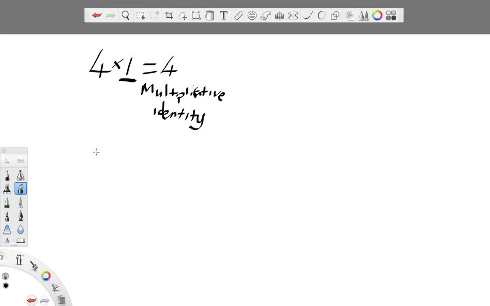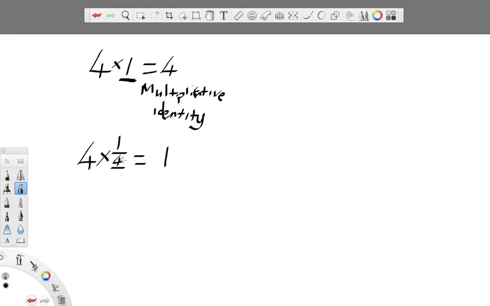Okay, but what about if we had 4 times something to give us 1? So to give us that identity. How do we work that out? Well, 4 times what will give us 1? It can't be 4, because if we had 4, we'd have 4 times 4, which is 16. So it must be something else, and that something else is 1 over 4.